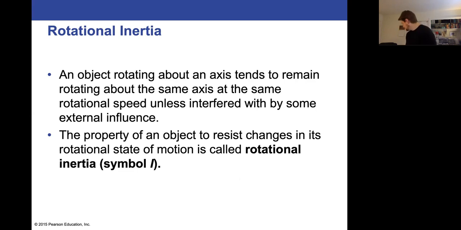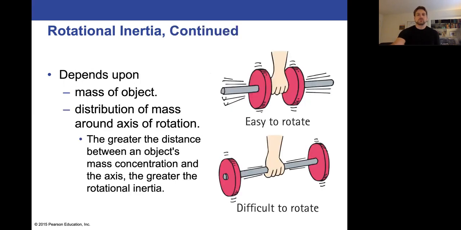Now, the thing about that is that, yes, it depends on the mass of the object. The more massive the thing is, the more it's going to want to continue rotating the way that it is rotating.